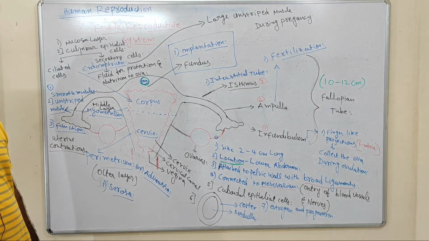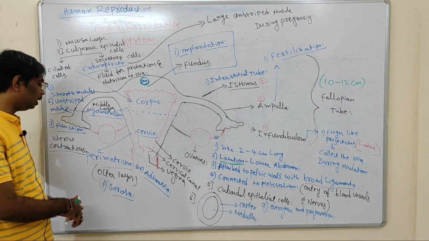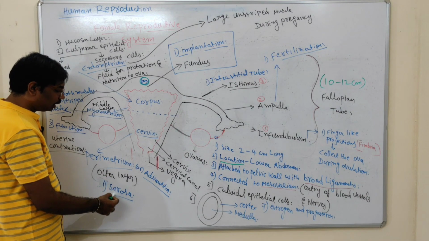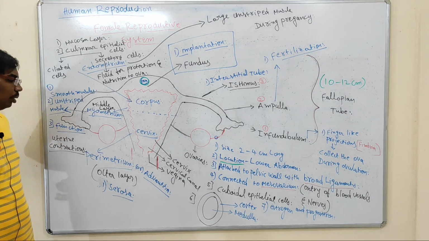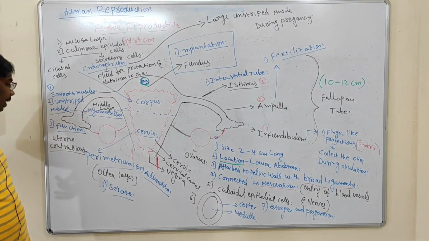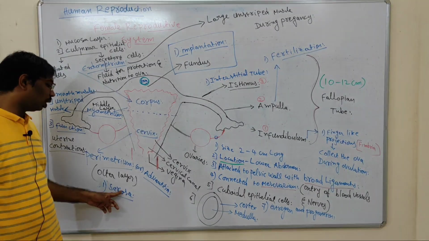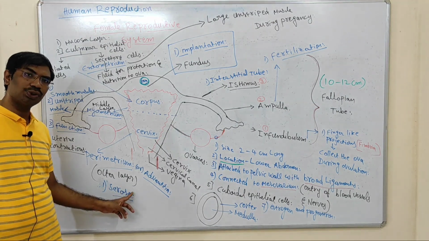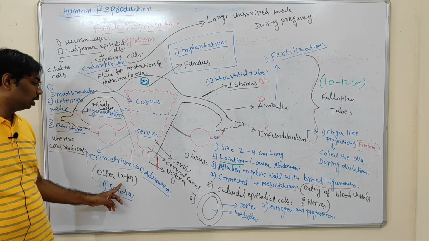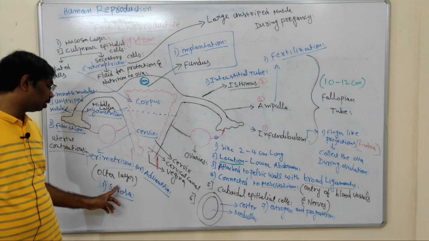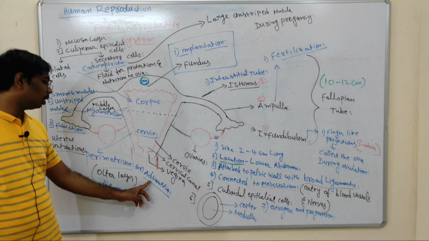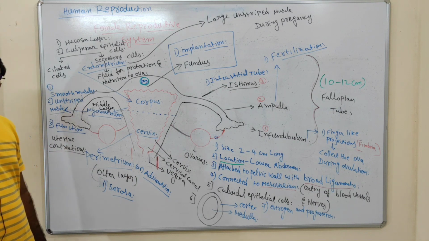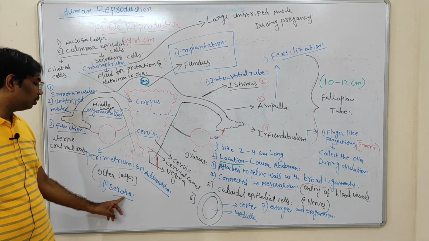So the perimetrium, otherwise called adventitia, is covered by the outermost layer, which is called serosa.